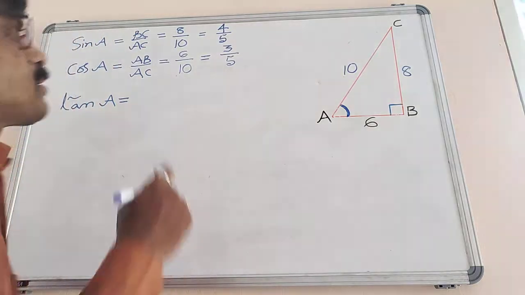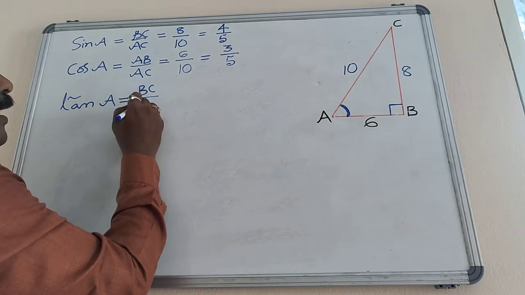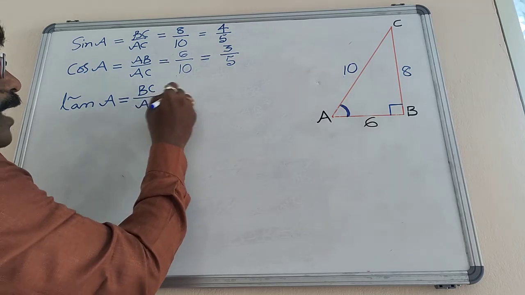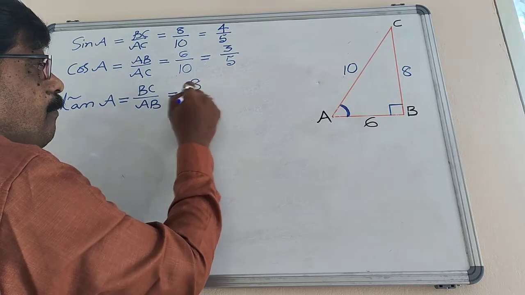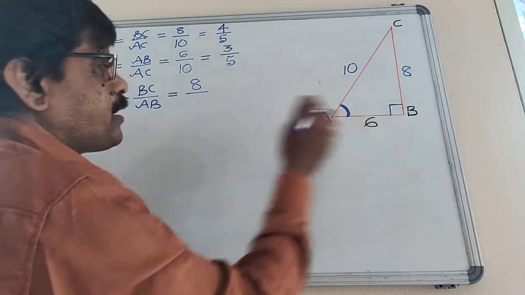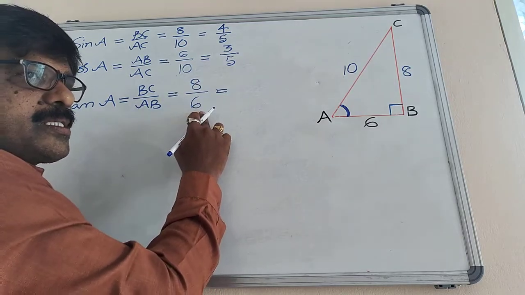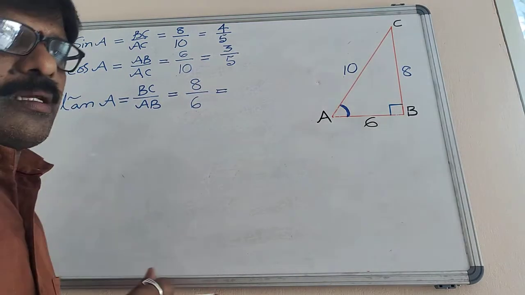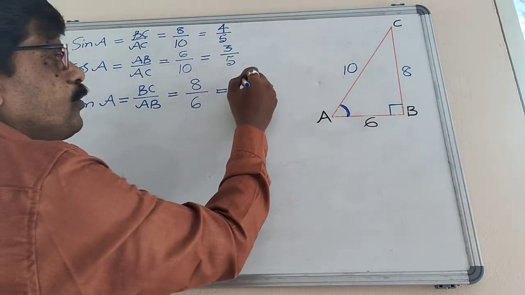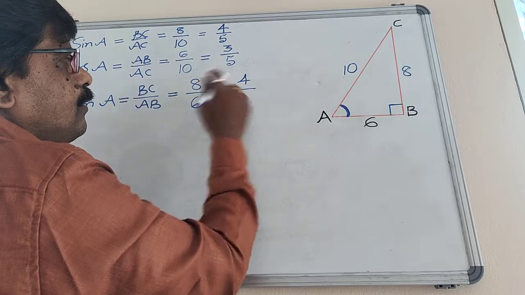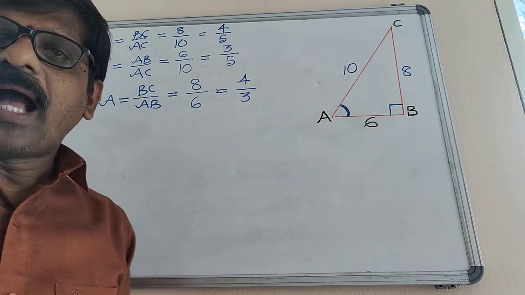Now we can write BC by AB. The value of BC is 8 by the value of AB is 6. That is equal, 8 by 6. The common factor of 8 and 6 is 2. Now 2 4s are 8, 2 3s are 6. Clear?